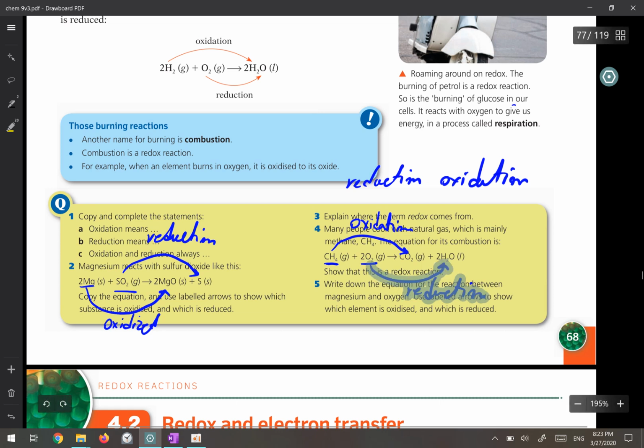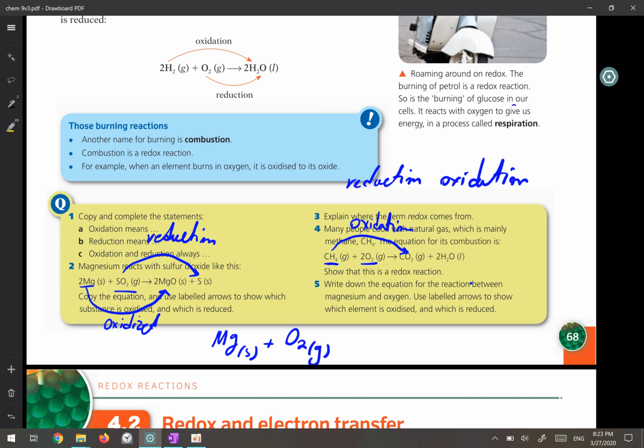Question number 5 says write down the equation for the reaction between magnesium and oxygen. So reaction between the magnesium, solid at room temperature, and oxygen is gas and it's diatomic molecule, so it's O2. Use the label arrow to show which element is oxidized and which element is reduced. Okay, magnesium can react with oxygen to produce magnesium oxide, MgO.